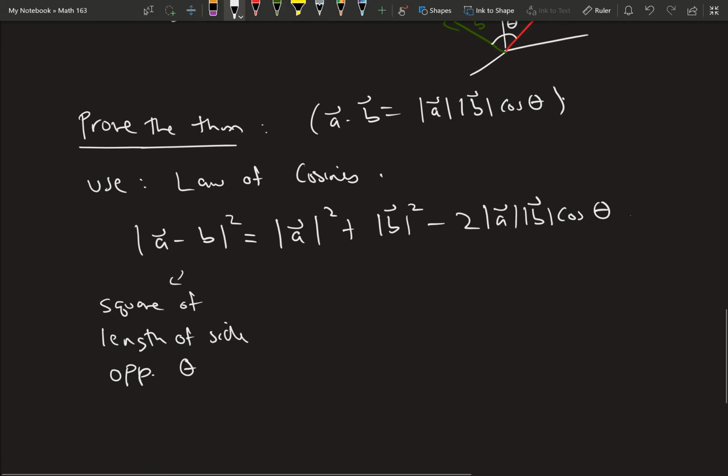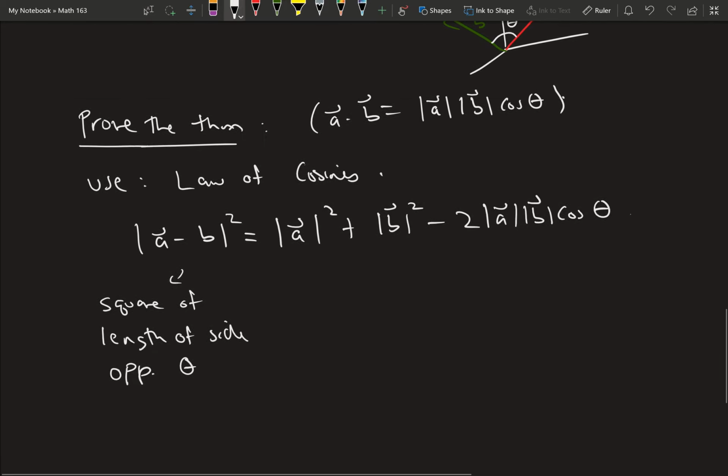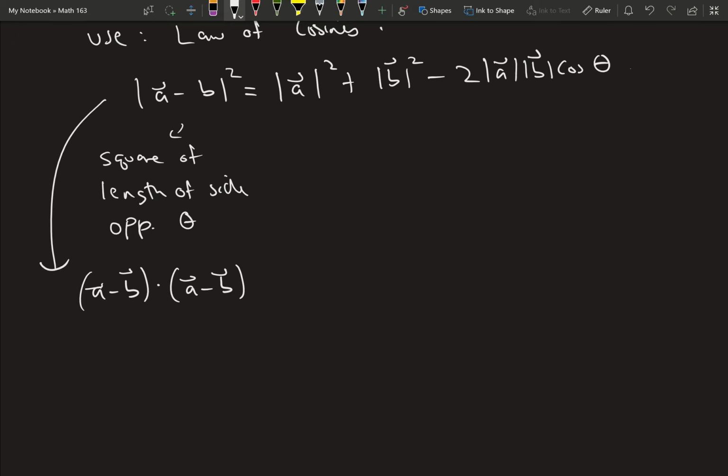This is what we're going to use to do this problem. So where do we go from here? Let me slide down a bit. Notice that the length of A minus B squared is A minus B dot A minus B, because the norm squared is the dot product of the vector with itself.